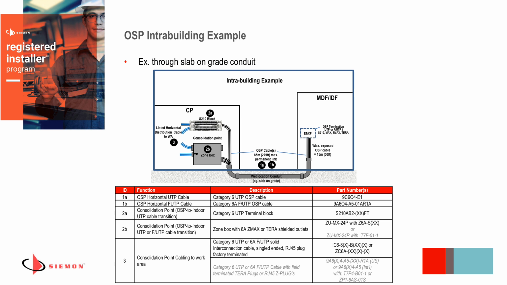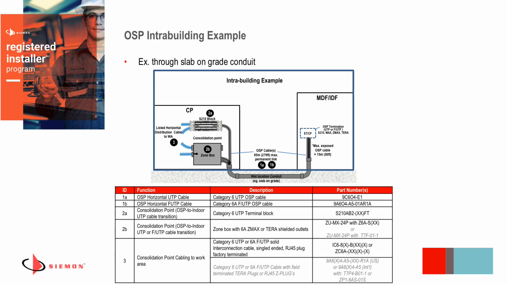In those cases, you have to use an OSP cable in those locations and either transition or enclose in conduit those cables all the way to their termination points. So you might come out of there and bring it to a zone box maybe and transition it to an inside plant cable, or you might just extend it in conduit where it comes up all the way back to the MDF or IDF.